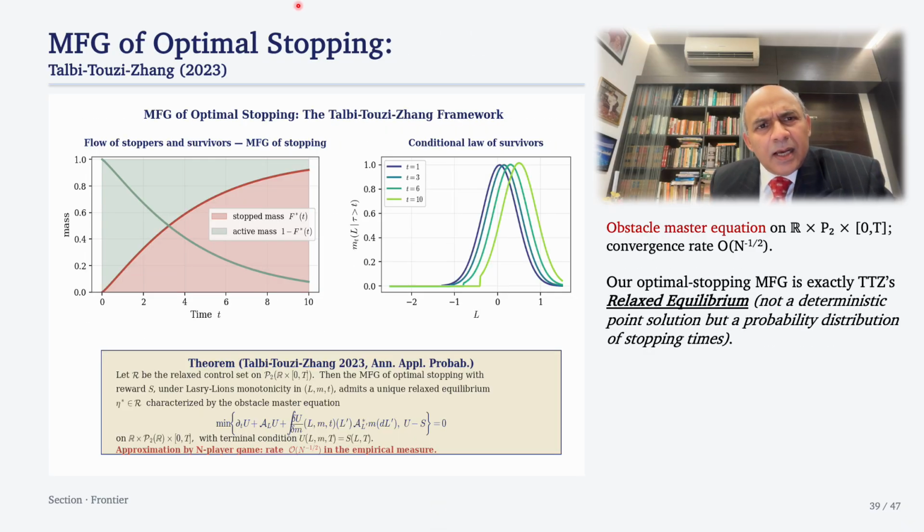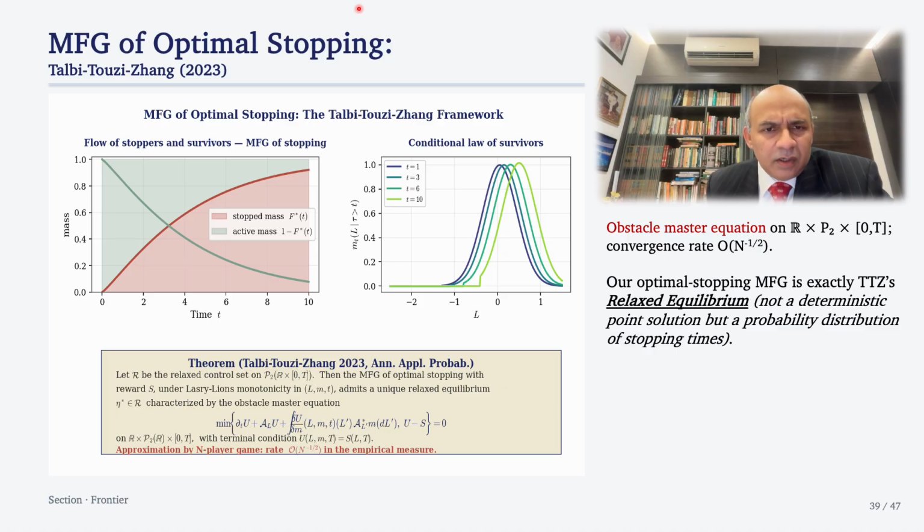The mean field game of optimal stopping is treated by Talbi, Touzi, Zhang, 2023, and this is a consequential recent development for our framework. It gives us the first rigorous theory of mean field games with optimal stopping controls.